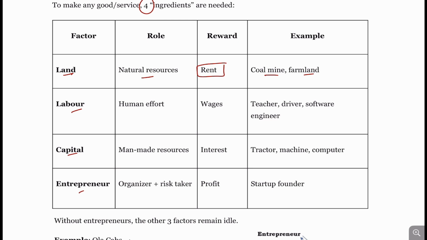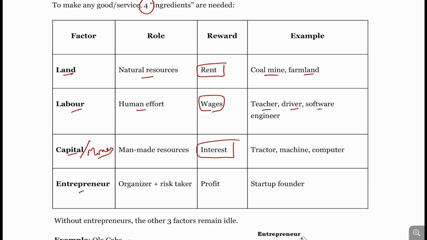Labor is another important factor for an economic system. Human effort is there. They will be taking wages, like teacher, driver, software engineer, etc. Capital or money will be earning interest.